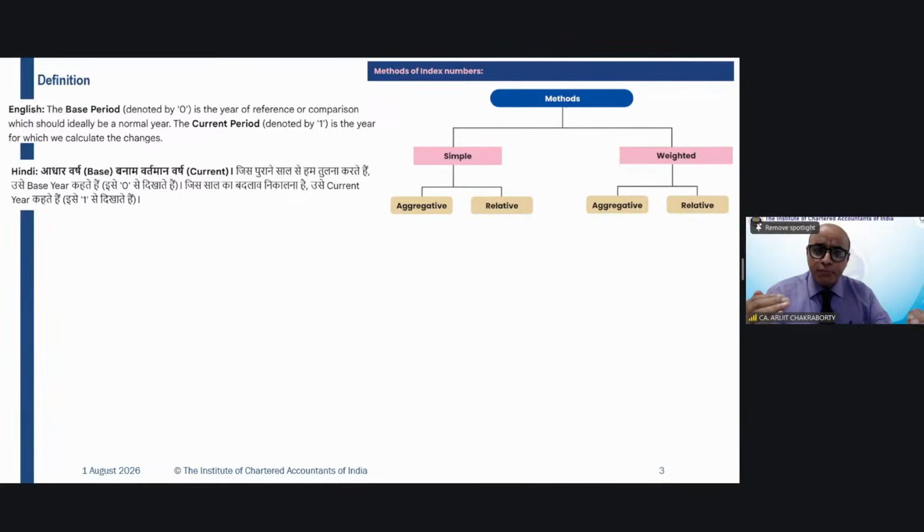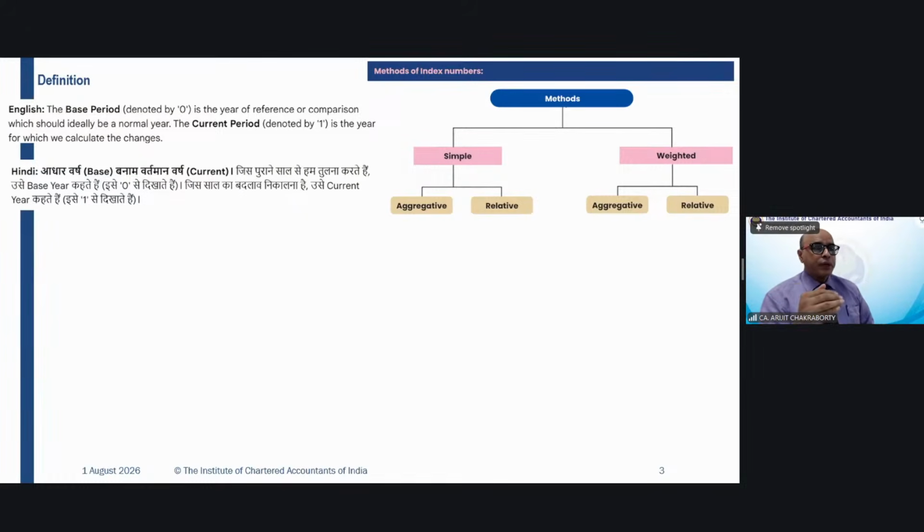So index number is the current year quantity or the current year price divided by the base year price or the base year quantity. And base year, what is base year? In Hindi, we use the term Aadhar Varsh. That means it is the reference year. Current year is always known as the Vartaman Varsh, current year.